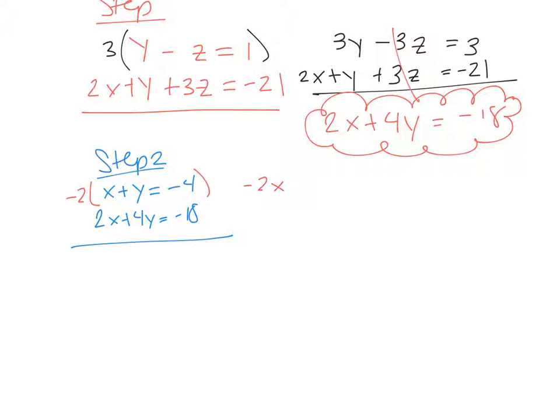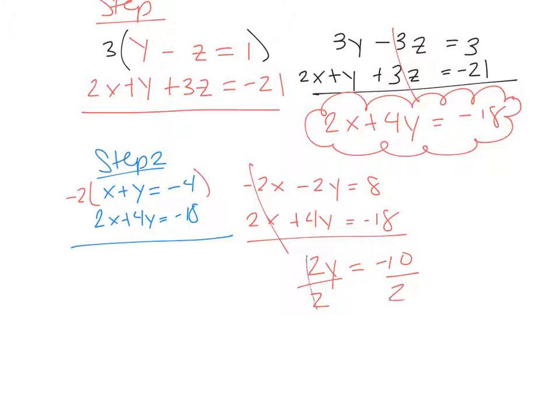That'll allow me to cancel out the x's because the bottom equation has positive 2. So I'm going to keep the bottom one. And these cancel, and we end up getting 2y equals -10. Divide by 2. We know now y equals -5.